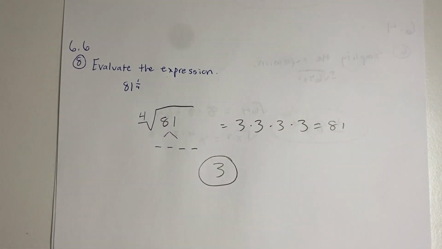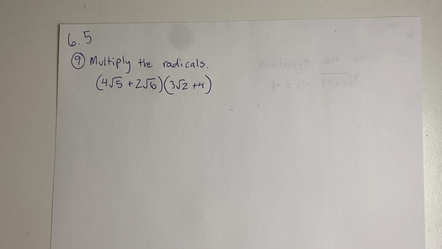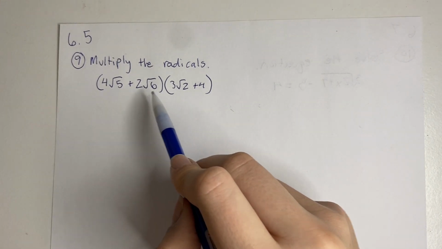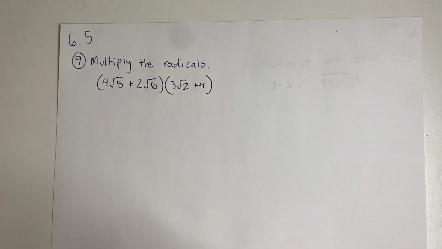Okay, for 6.5, it's saying to multiply the radicals 4 root 5 plus 2 root 6 times 3 root 2 plus 4.